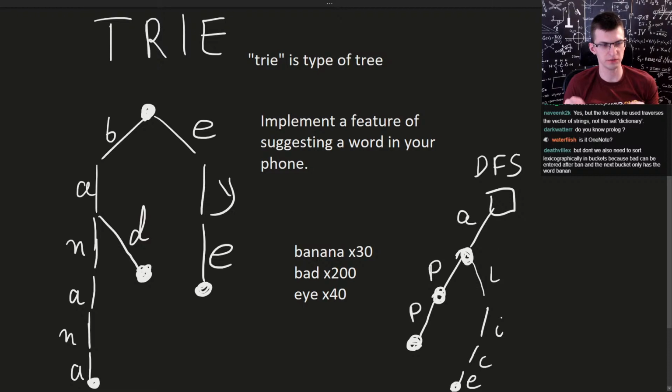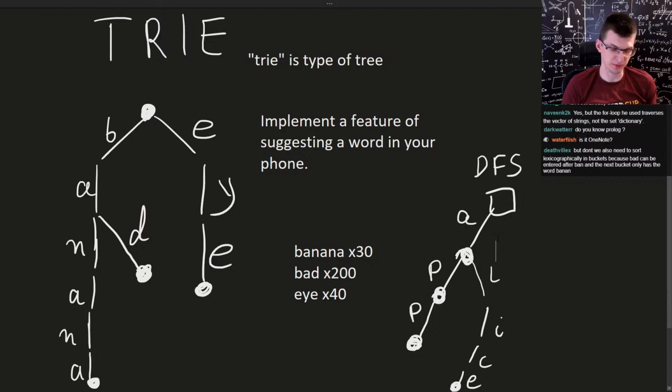Yes, this software to draw is one node. But don't we also need to sort lexicographically in buckets, because "bed" can be entered after "ben"? This depends on the implementation of the TRIE.